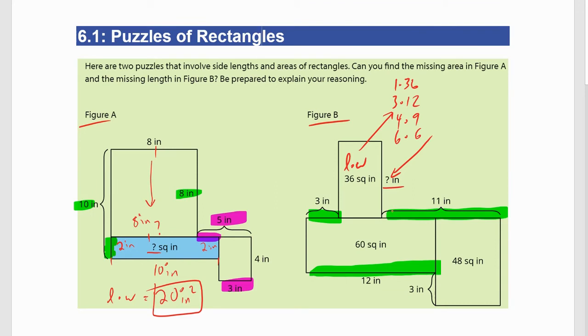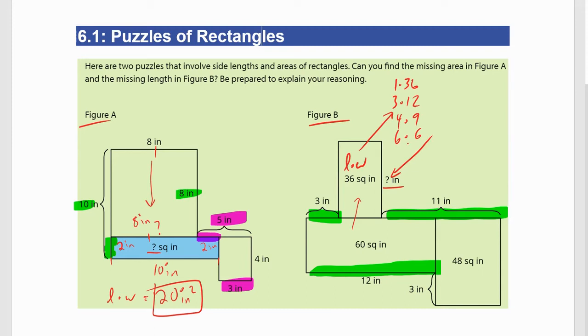If these pictures or images are proportional, it definitely can't be 1 times 36, right? This building or this piece right here is just not that skinny. Maybe it's 4 by 9. Okay, maybe, just proportional, because 6 by 6 would be a square, right?